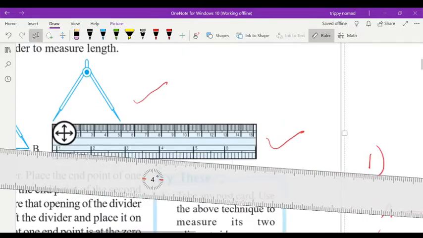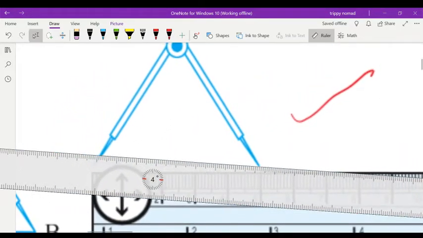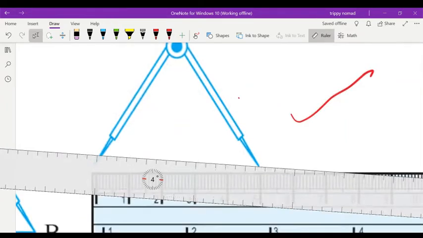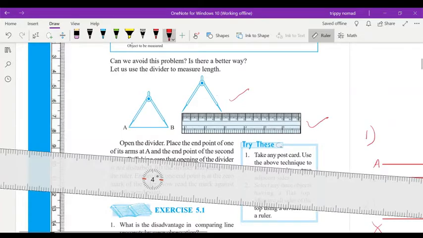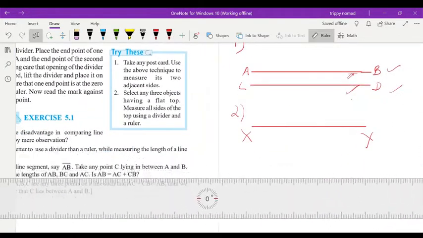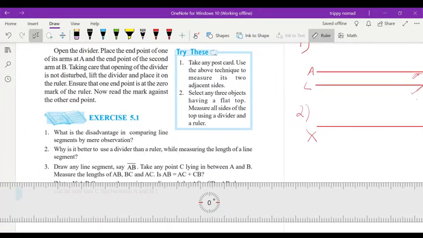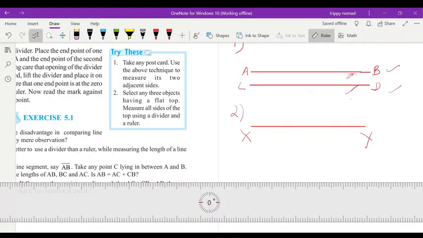I have shown you. Once again I am enlarging this and showing you. This is called a divider. And the scale, everybody knows about the scale. So what they asked is, why is it better to use a divider than a ruler while measuring the length of a line segment? This is our question.